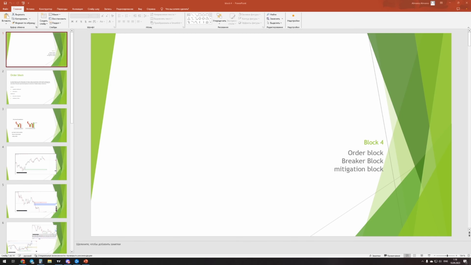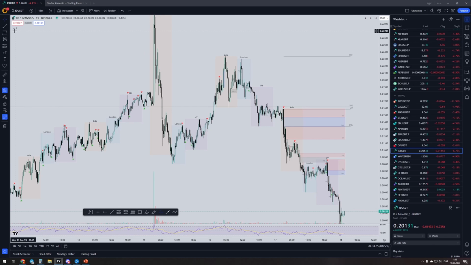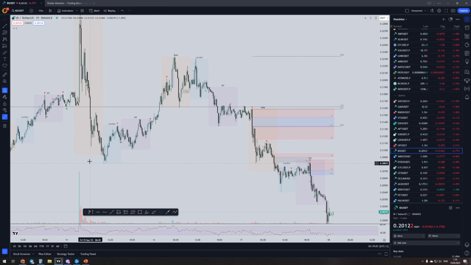Okay, now let's look at order, breaker and mitigation blocks on the real time frame. I'm using an indicator called Super Order Block. It shows me order blocks, fair value gaps, not all of them, but most of them.